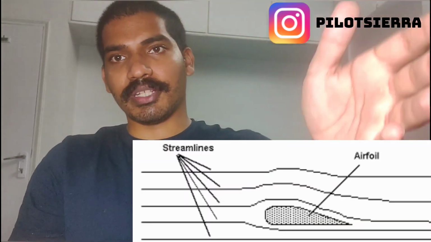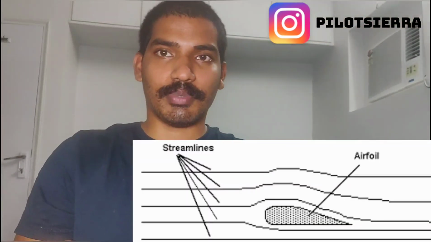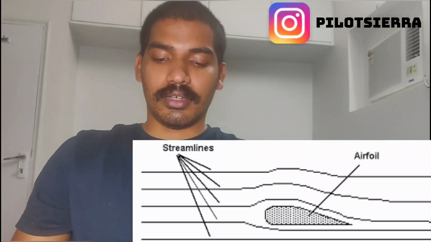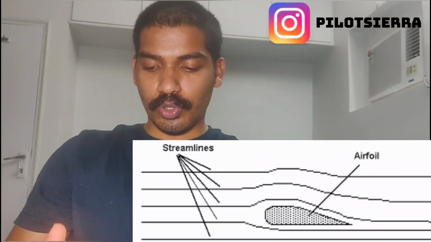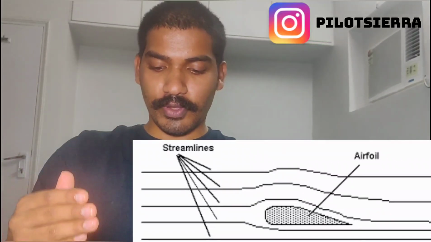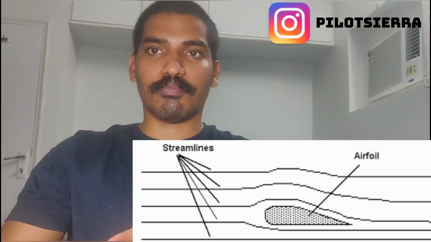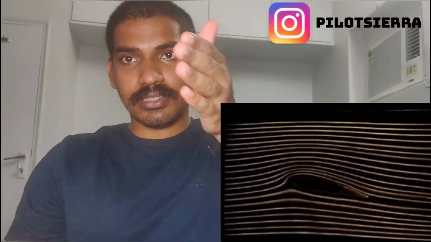So first, getting into streamed airflow or streamlined airflow, basically. A picture would pop up, and even that explains quite well what it is. Streamlined airflow occurs when the molecules of air flow in a straight path or in a steady path. One after the other, the molecules are flowing in a steady path.